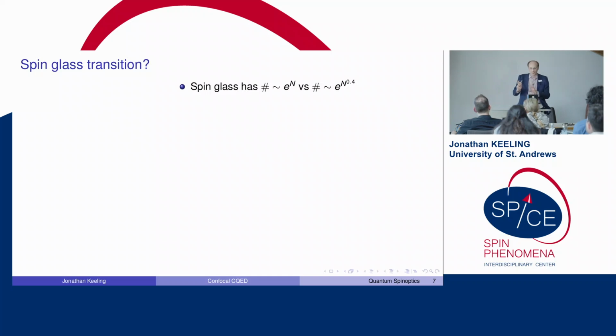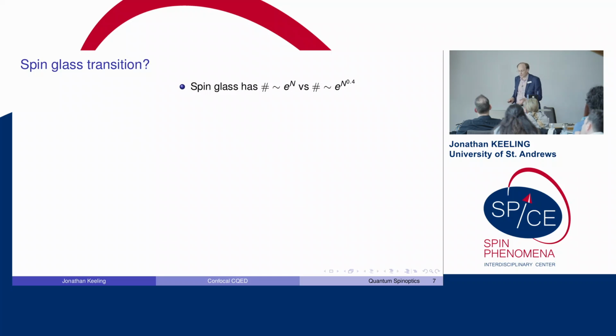I will come on to another point about associative memory later. If you focus just on how many minima there are, at least in textbook spin glass models, you would typically expect exponentially many minima with the system size. The analytic formula I showed on the previous slide, which fits near that transition to associative memory, is not exponential, but stretched exponential. So there is something subtly different going on.